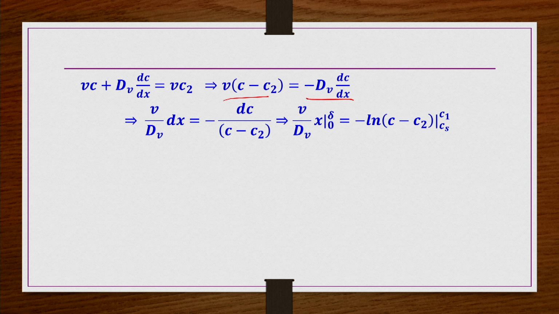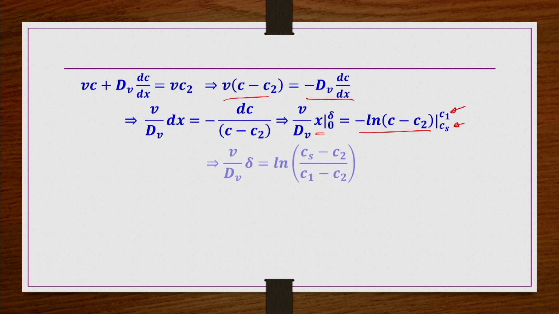The integration of dx is x, varying from 0 to delta, the boundary layer thickness from the membrane surface towards the bulk solution side. And minus dC by (C minus C2) integrates to minus ln (C minus C2), where at x equals 0 the concentration is Cs, and at x equals delta it is the bulk concentration C1.